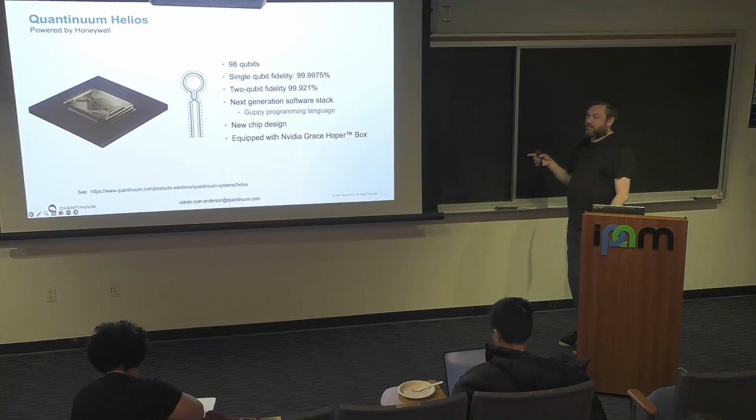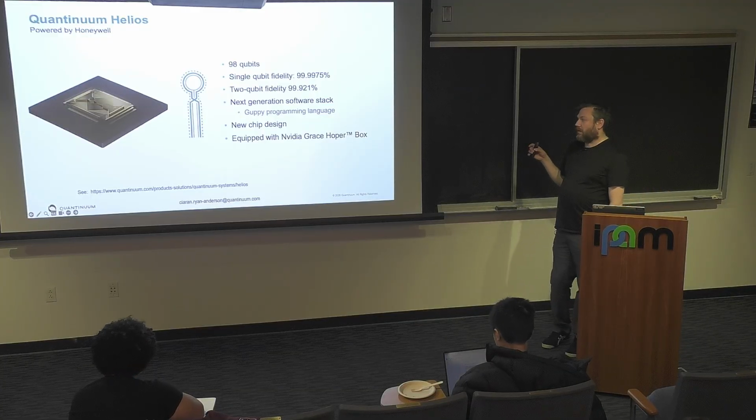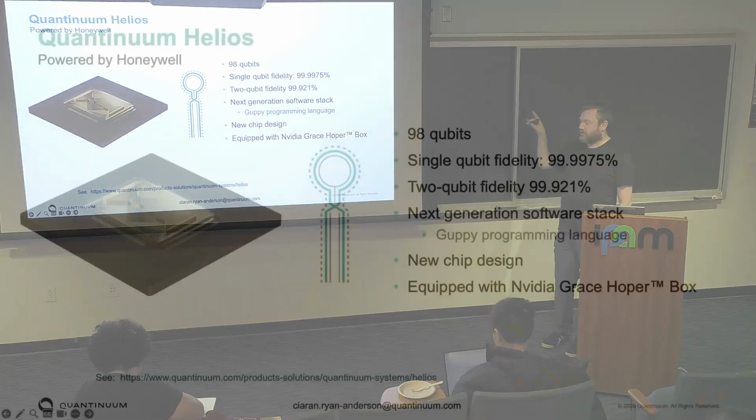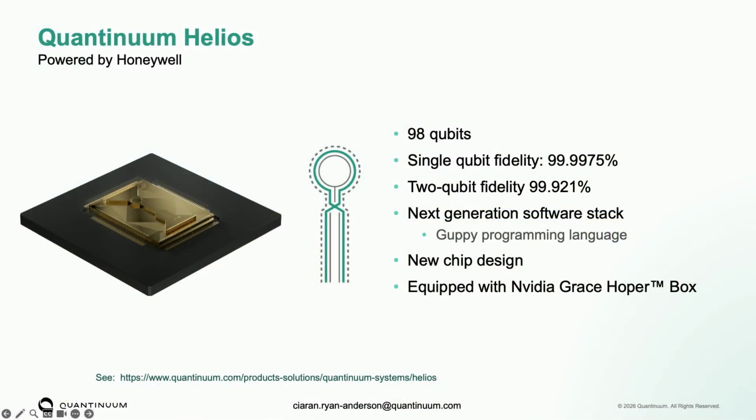All right, and because of this real-time engine stuff, the software engineers over at Quantinuum geeked out and created a general-purpose programming language. Even from the beginning, we were doing real-time decoding.